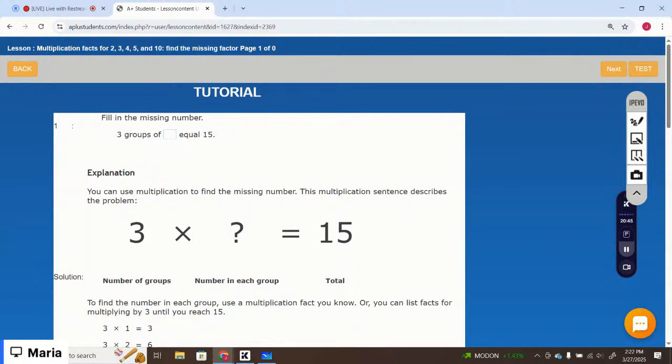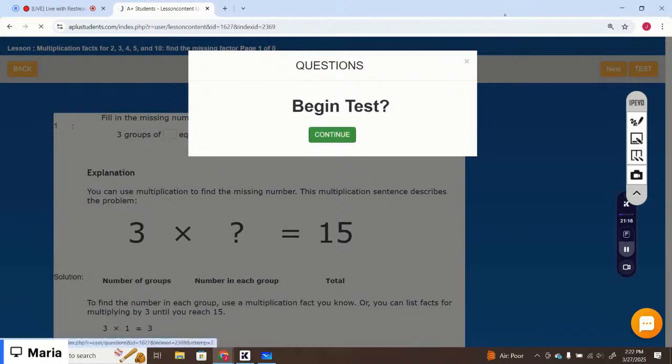We need to find 3 times what number is 15. Three times 5 is 15. Let's just start with the test question.